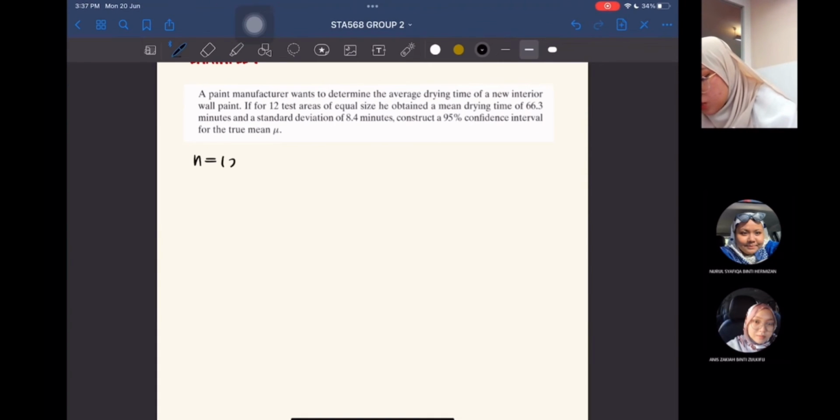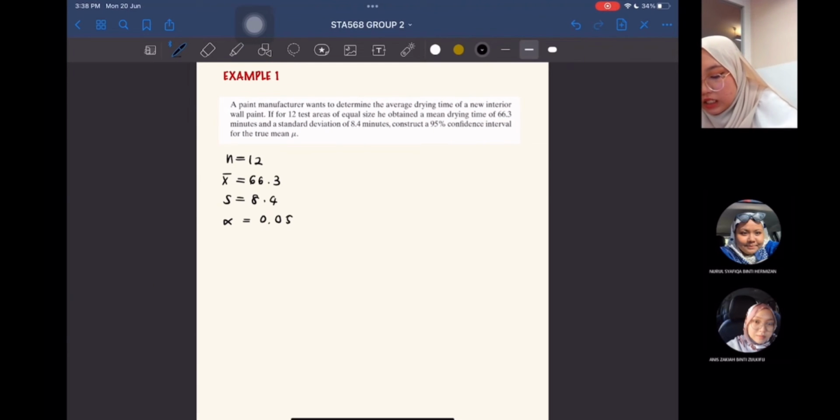Sample size is 12, 66.3 is the sample mean, S is the standard deviation, which is 8.4, and alpha we use the standard alpha, which is 0.05.